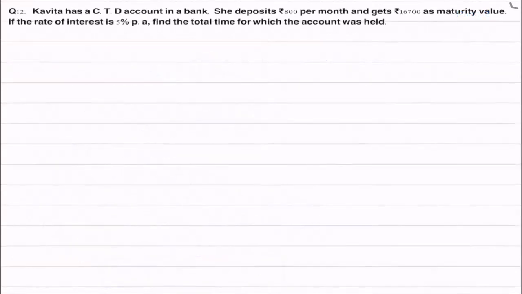Now we will move to the last type of question, children, that is a little bit lengthy and very important from the examination point of view. So in this question, the time is missing. Kavita has a CTD account in a bank, cumulative time deposit account. She deposited rupees 800 per month and gets rupees 16,700 as a maturity value.